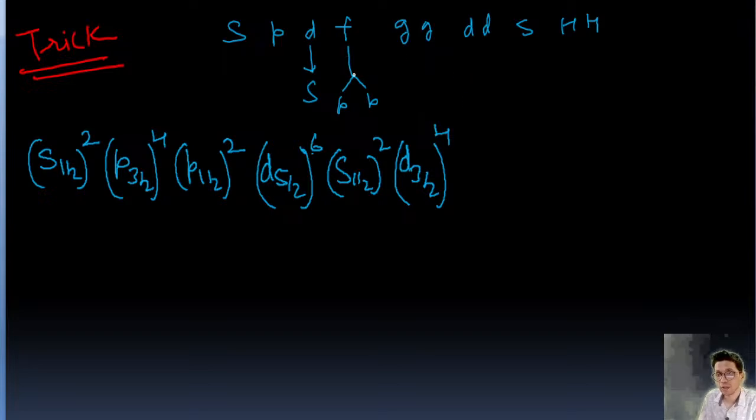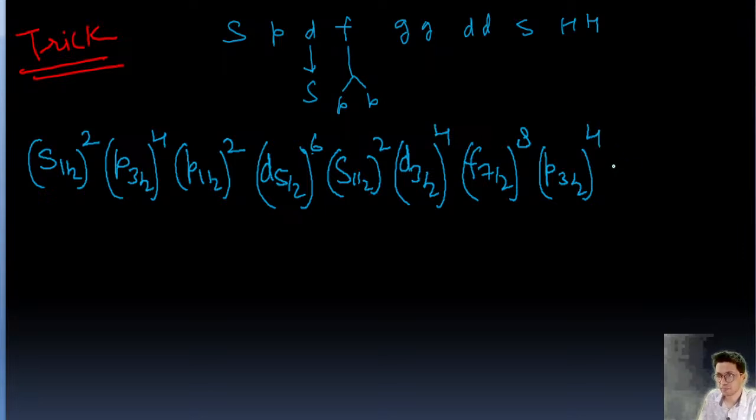Next, F. F will start with F 7/2. In F there are a total of 14 electrons, so 8 electrons will be here. Then we'll write P 3/2. First the higher value, then the lower value. In P 3/2 there would be 4 electrons.